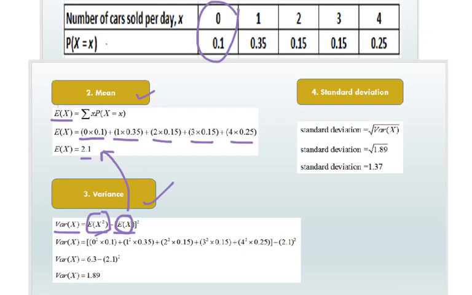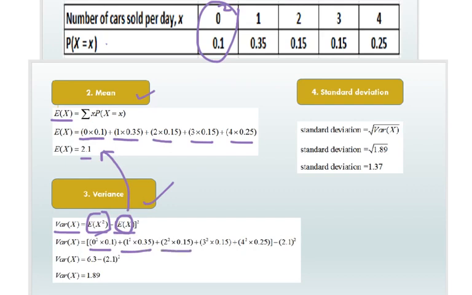So we need to square the value of x first, then we multiply with the probability. So we have here 0 squared multiply with the probability. Then again for the total of it, you need to plus. Then again for the value of x, 1 squared multiply 0.35.